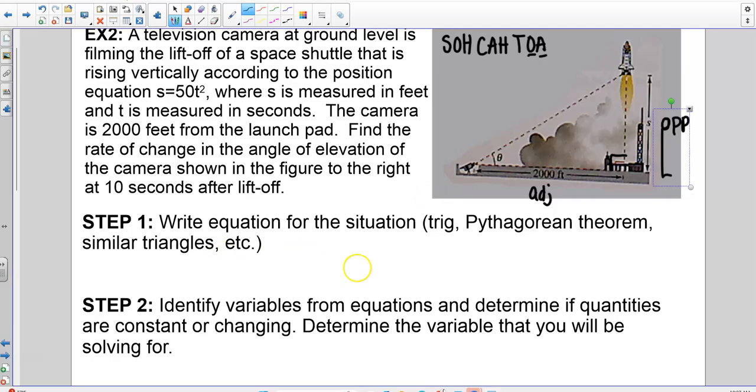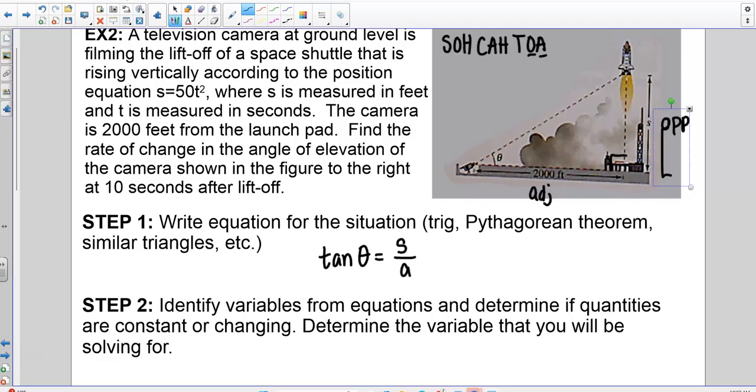So we're going to say tangent of theta equals the opposite side, which is S, over, now for my steps that I've got here, I could use A for adjacent, or we're thinking a little ahead here, is that bottom distance changing at all?